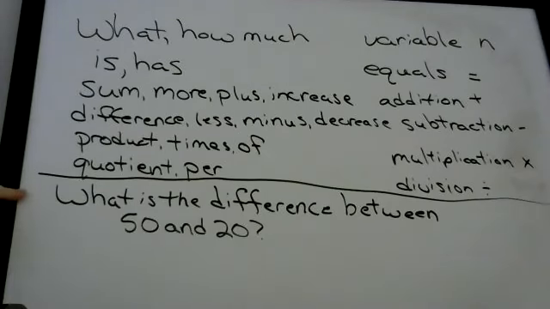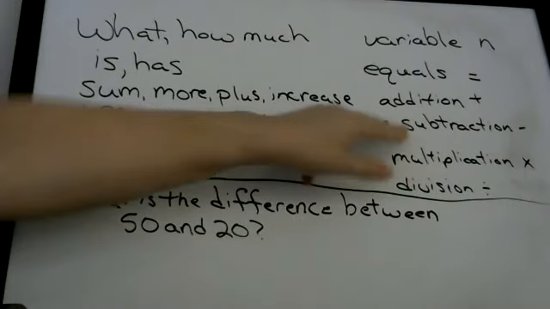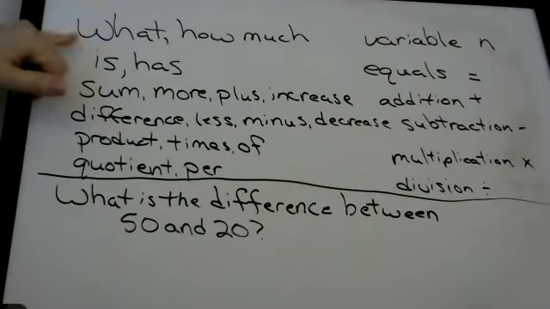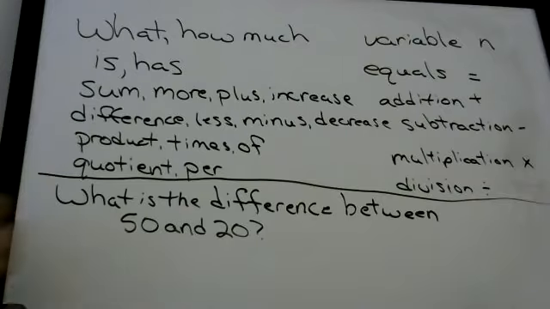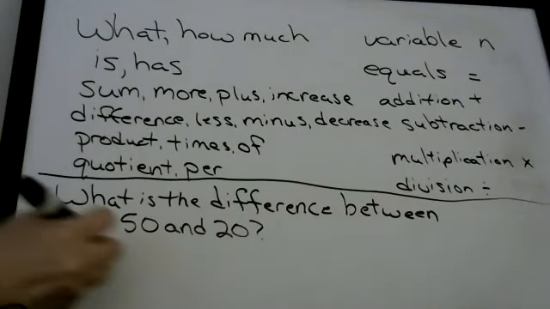So here's an example problem. What is the difference between 50 and 20? If you know what the word difference means, you know that there's going to be a subtraction involved. Now, algebra can also just involve a little bit of common sense, right? But let's use this to figure out what we're going to do. So what is our variable? We're going to just use n as our variable, and is means equals.